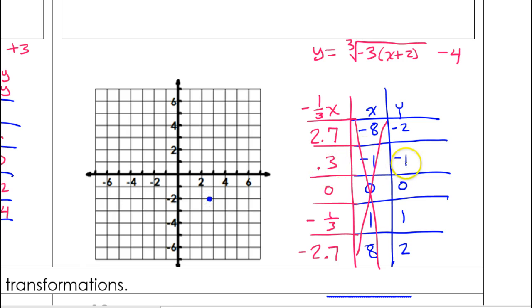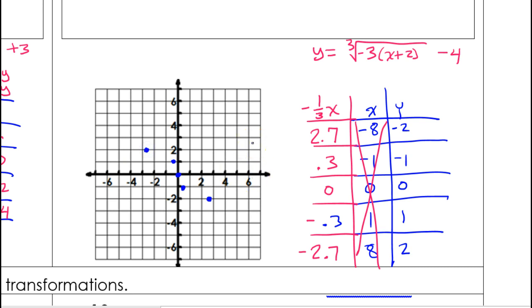And then 0.3 comma -1 will be about here. 0 comma 0. Now -1/3, or I guess to be consistent I could say -0.3, like I did for all the rest. So -0.3 comma 1 would be about here, and then -2.7 comma 2 would be about here.